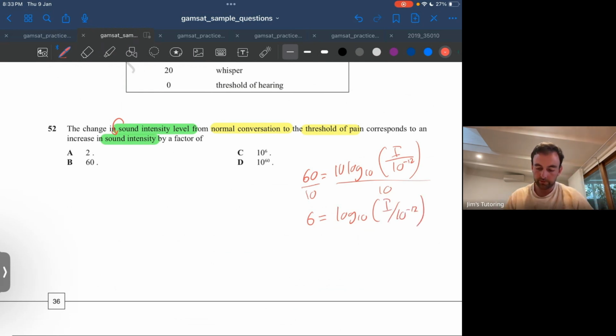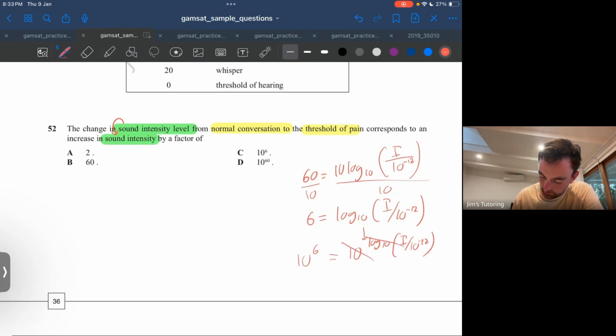Broadly speaking, I would put this in the realm of rearranging a log, because I have a variable within the log. Even though there's that 10 to the negative 12 in there, don't worry about that yet. You need to rearrange to get rid of this log so you can keep going. How we get rid of the log is make the base down here equals 10 to the 6.